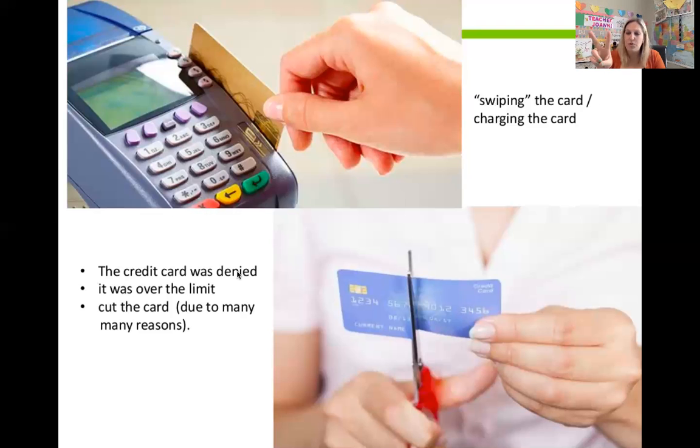And there's usually two things that we do with money or credit cards or debit cards. We either deposit money, we put money into the bank, it links to the cards, or we withdraw, we take it out.